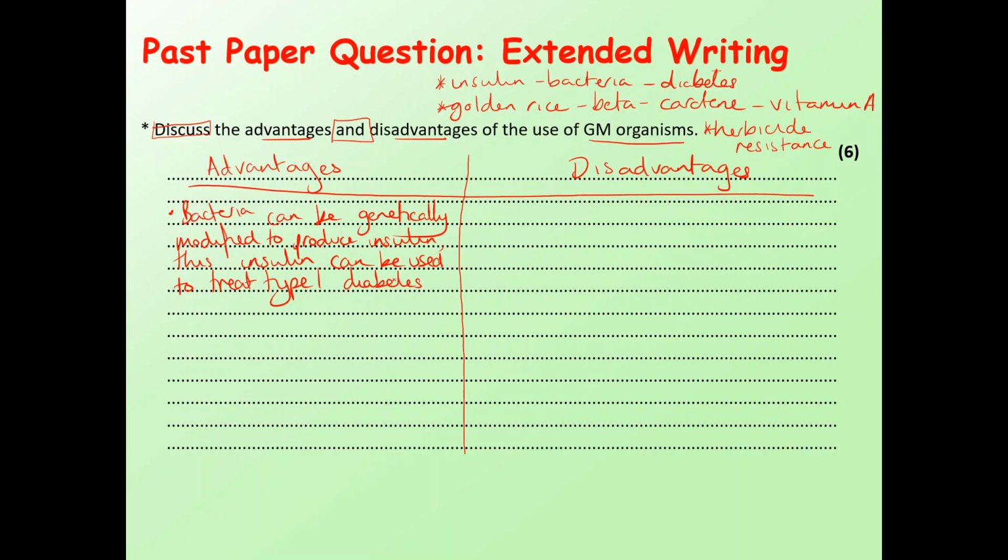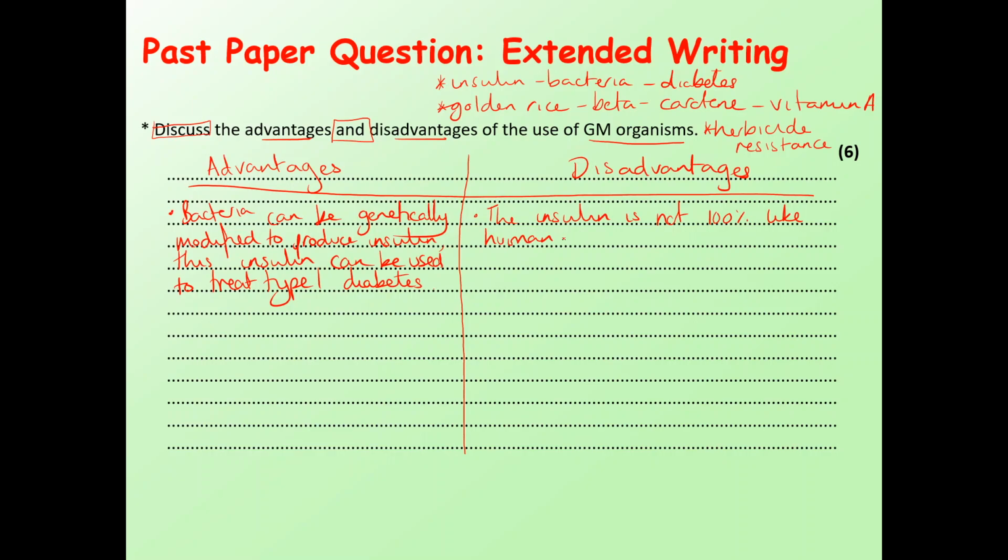Now, the good thing about the table is that you can then talk about the comparative point, the disadvantage of this. So a disadvantage of the bacteria producing insulin is the insulin is not 100% or completely like human insulin.